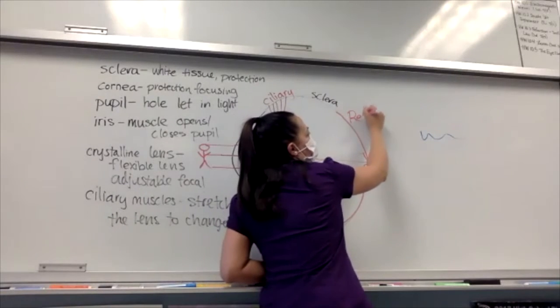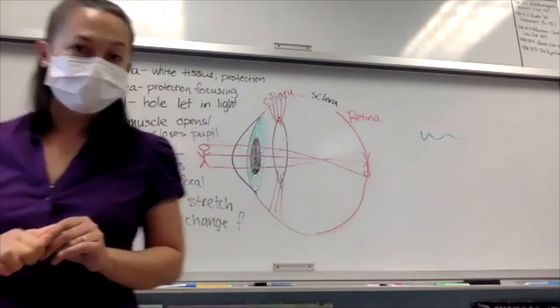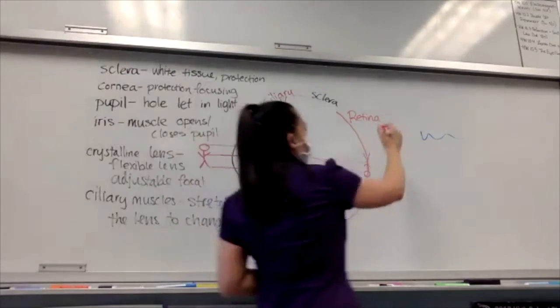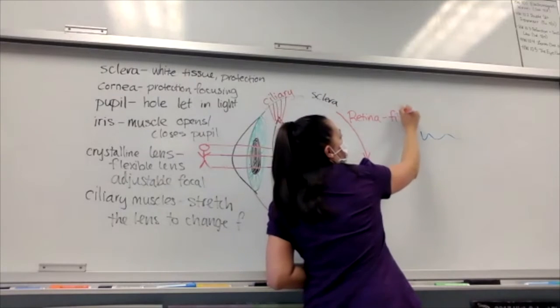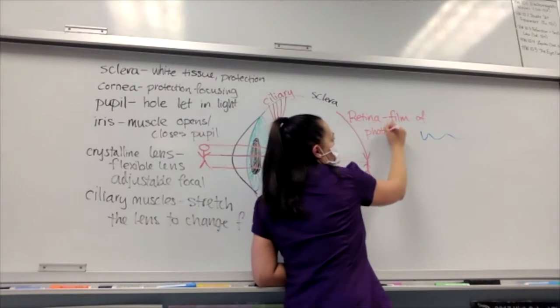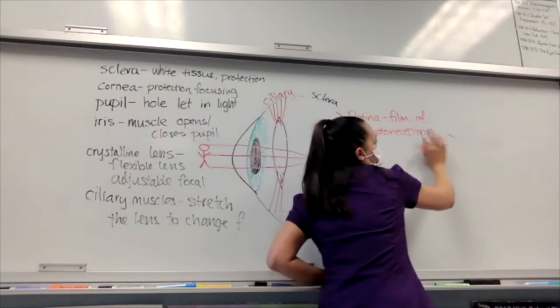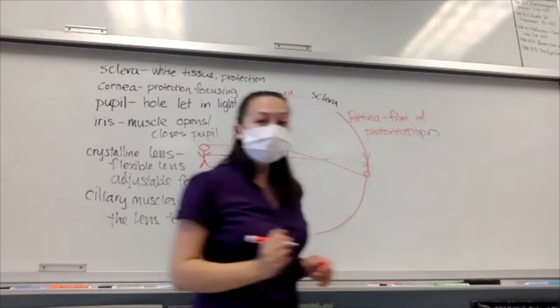And it's a film covered with a special type of cell called a photoreceptor. So retina, I'll put in as a definition, is a film of photoreceptors. Those are a special type of cell that pick up light and send chemical signals to the brain.